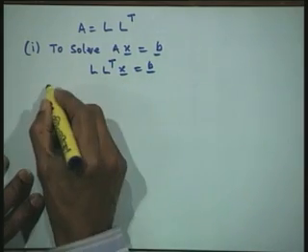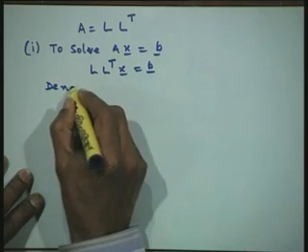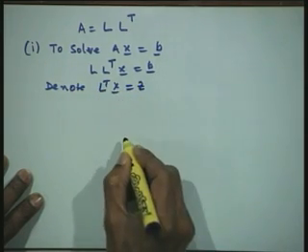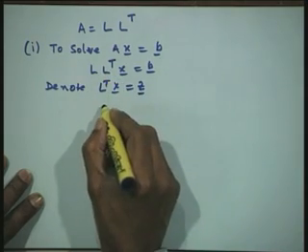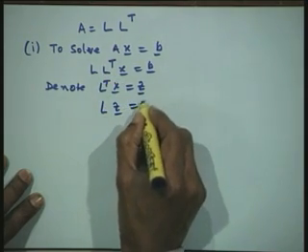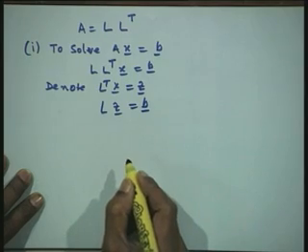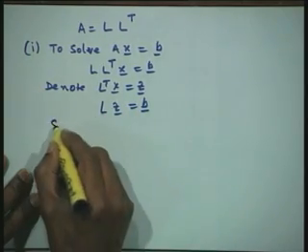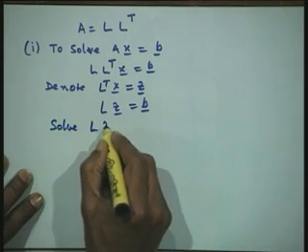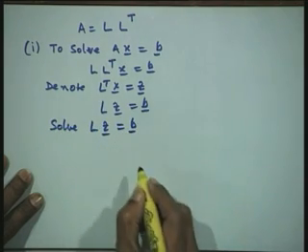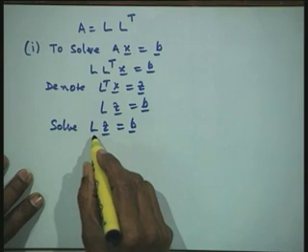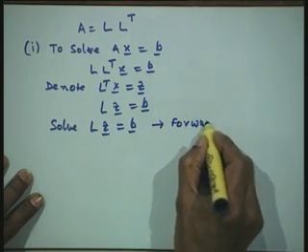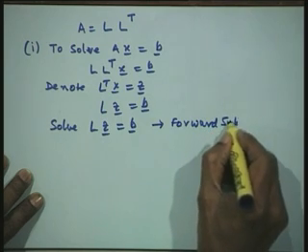Then we denote the product inside, L transpose of x, as some z. Then this will read as L into z is equal to B. We first solve the second set of equations, solve Lz is equal to B. Now L is a lower triangular matrix, therefore this can be solved by forward substitution.